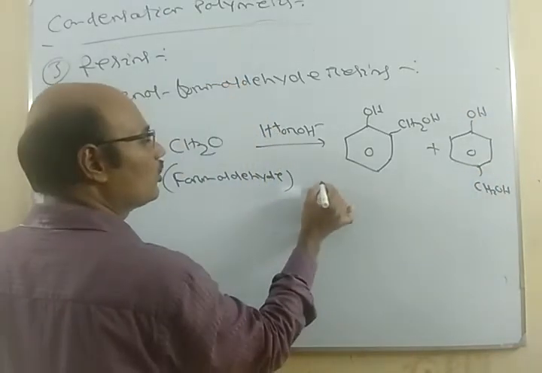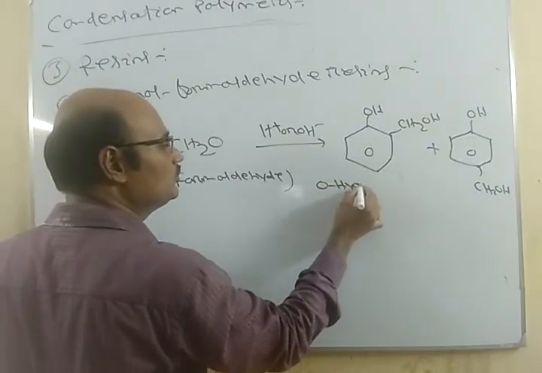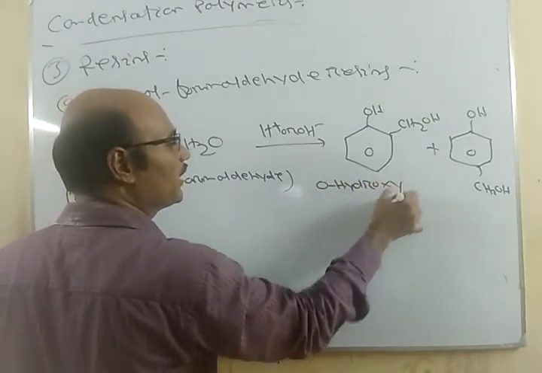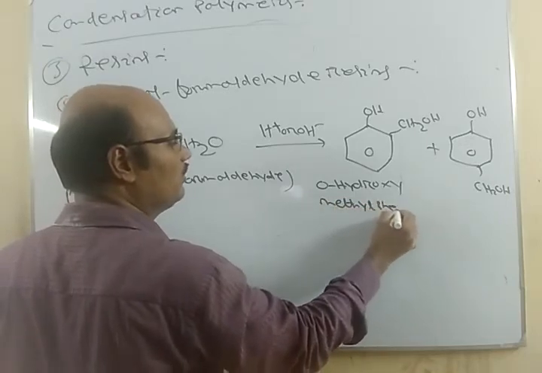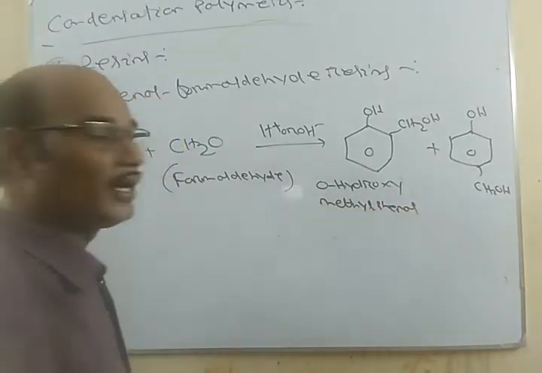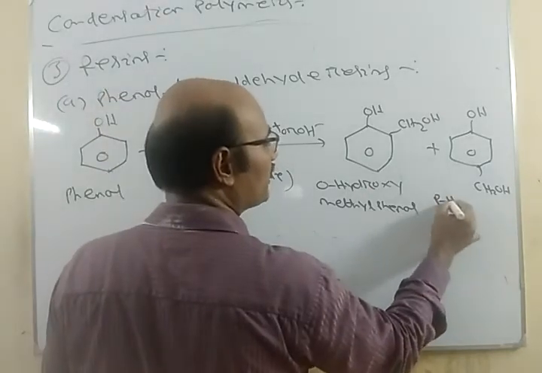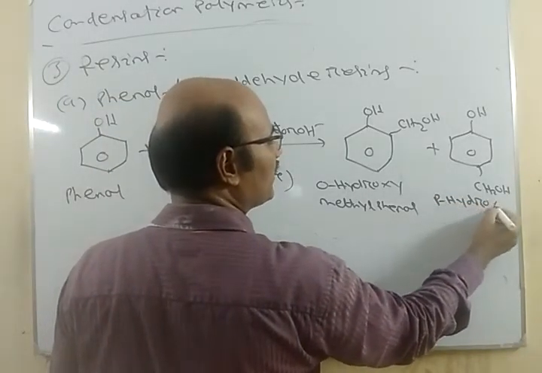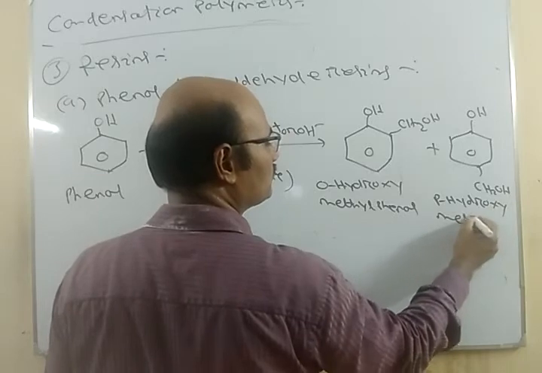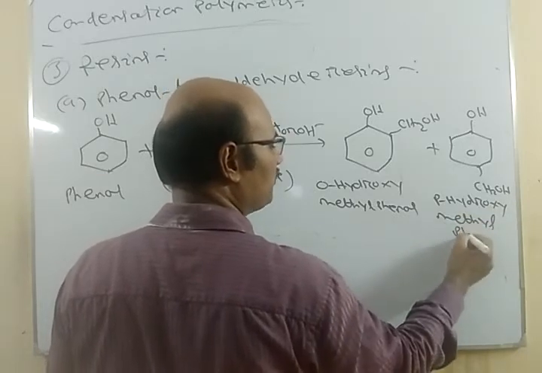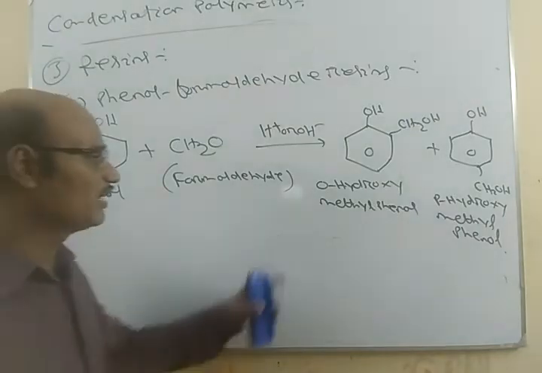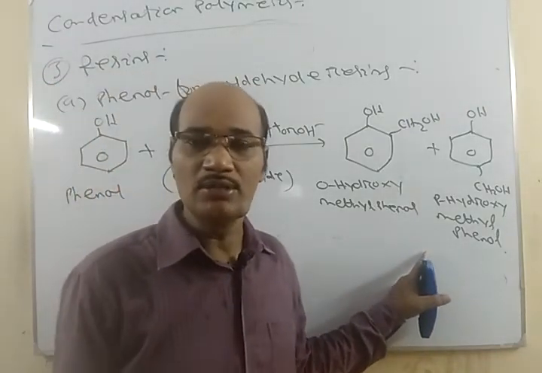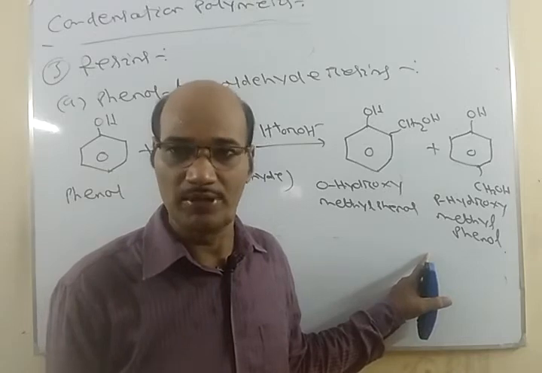It is called what? Orthohydroxy methylphenol. Okay, and parahydroxy methylphenol. Okay, so orthohydroxy methylphenol and parahydroxy methylphenols are obtained.